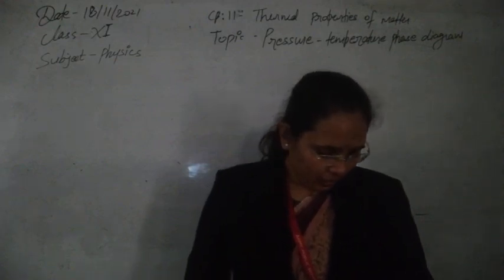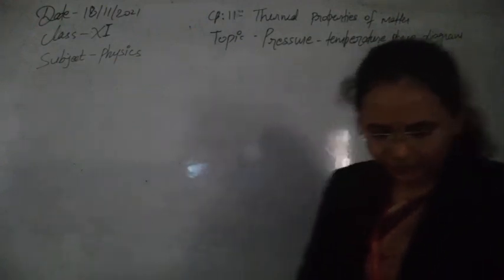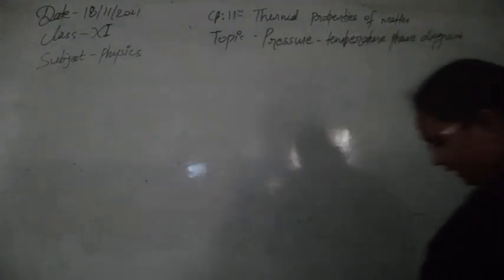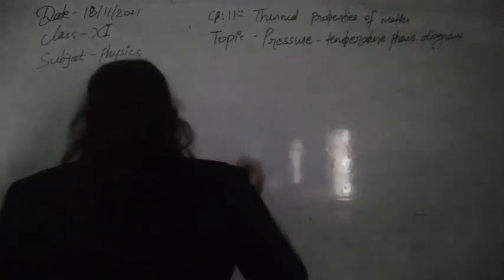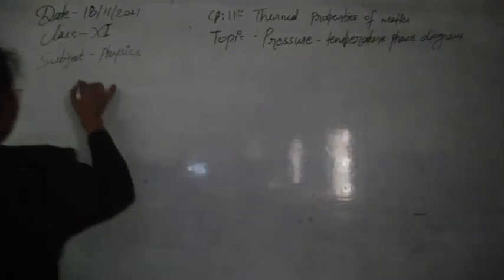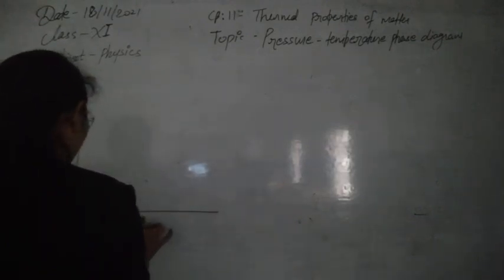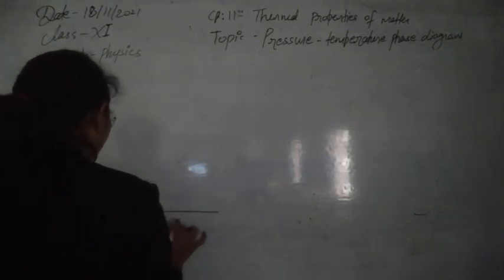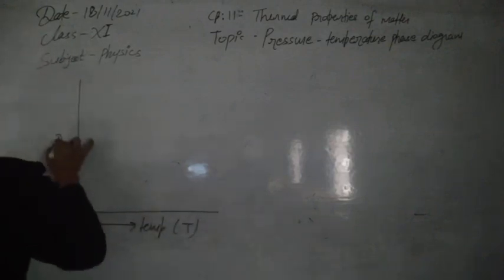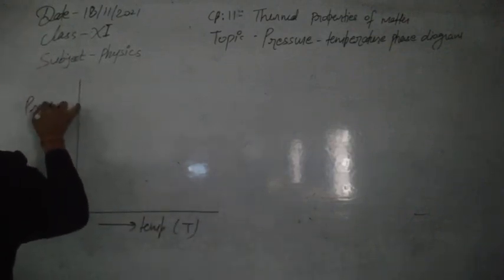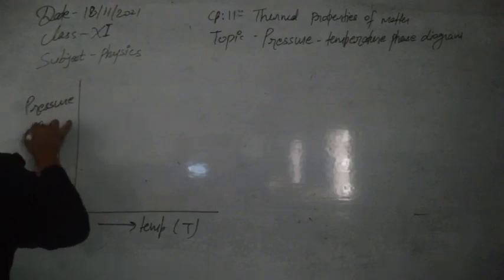So let's see the figure now, one by one. If we plot the pressure-temperature diagram for water first, we take temperature on one axis and pressure P on the other.